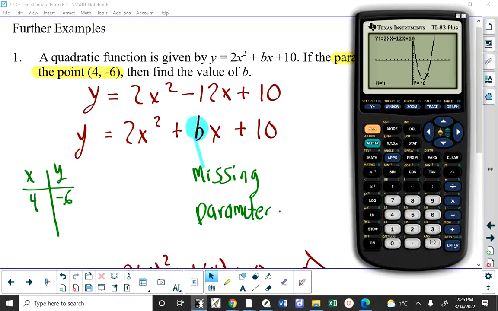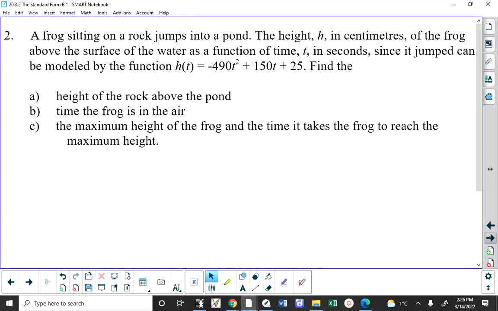Let's try another one. We're only doing 4 examples today. A frog that's sitting on a rock jumps into a pond. And you're given this formula for the height of the frog above the surface of the water in terms of time in seconds. Now, we want to answer all of these questions based on the graph.